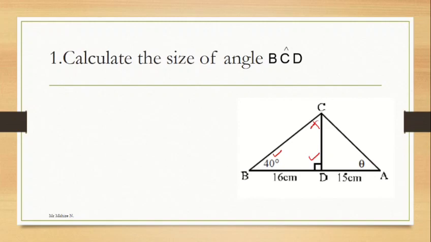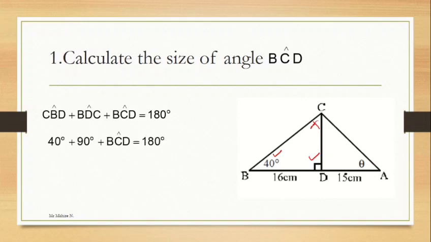Now, if you're talking about angles, we learned about one tool that we can use when we want angles, and that is sum of angles in a triangle. So we can say that CBD plus BDC plus BCD is equal to 180.